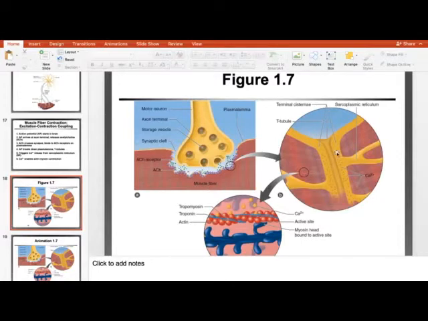But in any event, when the acetylcholine gets into this receptor site, it's going to trigger a release of calcium from the T tubules, and that calcium is going to attach to the troponin, and the troponin is going to move away from the tropomyosin and allow these myosin heads to attach to the actin.